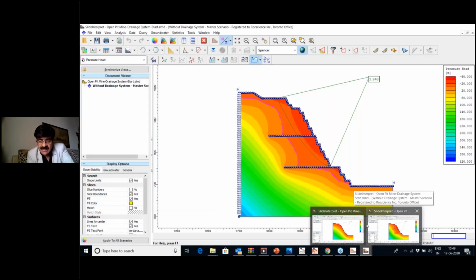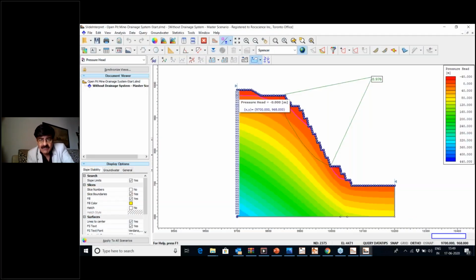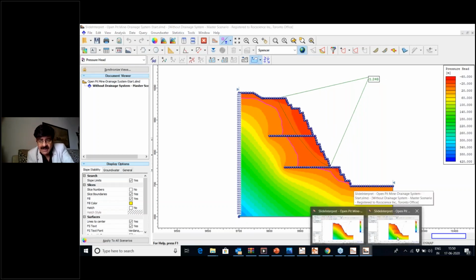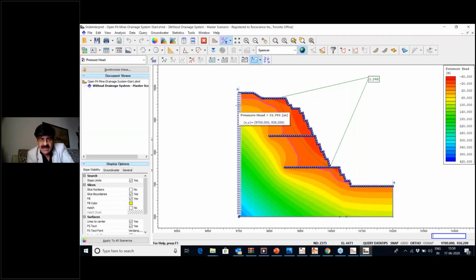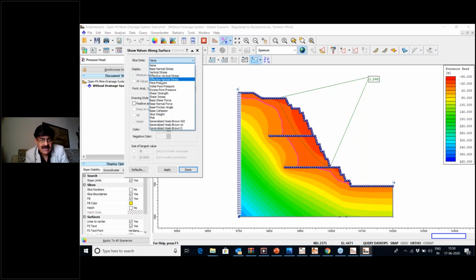Another thing that you see here, if you compare this with this, in the previous one, you see this is how the water table was going, almost touching the surface. But now it has been pushed back. The magenta color, the purple color, has been pushed back because of these drains. I'm not sure if we can or we should do more because we are running out of time.